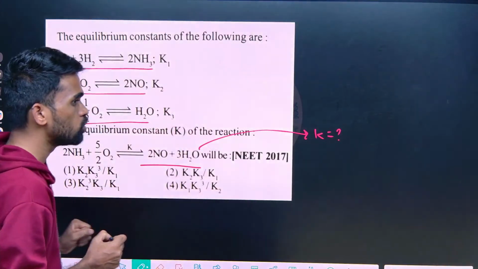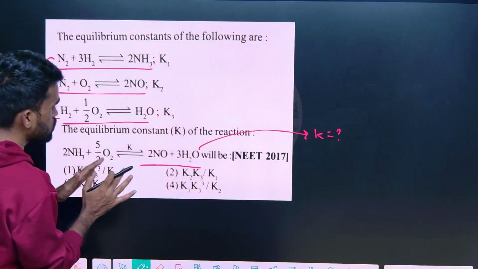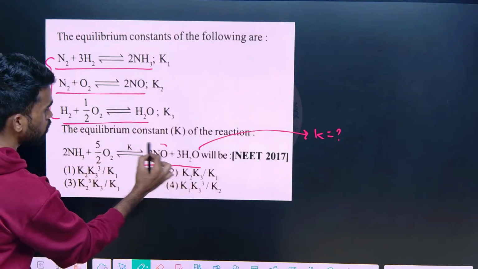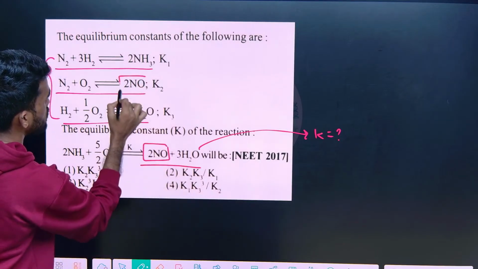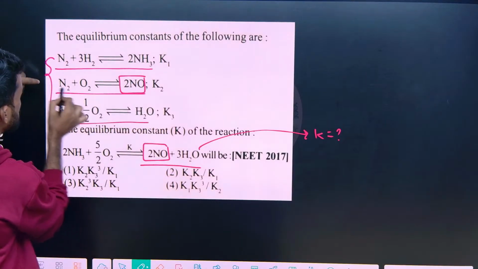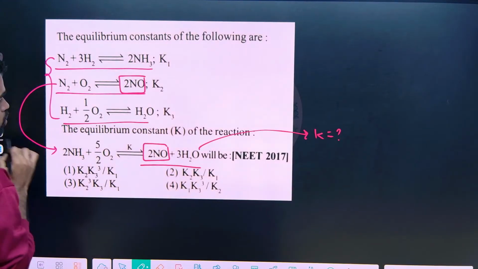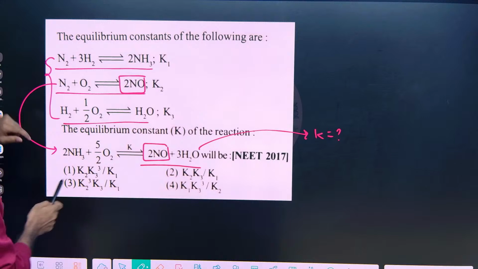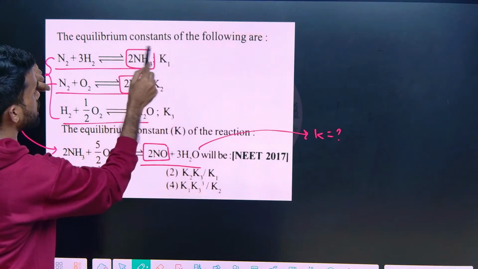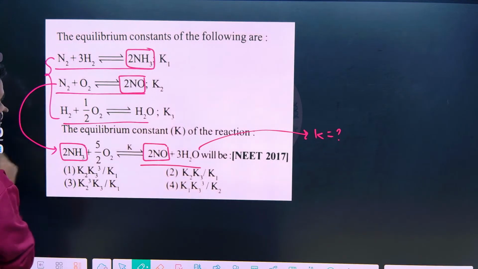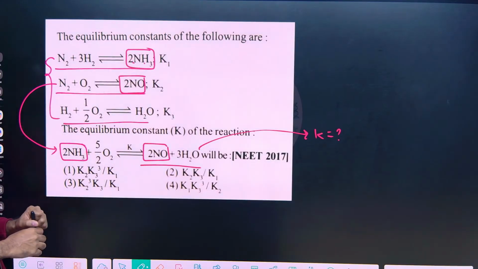So what to do here is, first of all look at this final equation. You have 2NO here, so 2NO is in this step. It means this reaction is taken as it is. And next, here ammonia is at product side, but in the final equation ammonia is at reactant side, 2 ammonia. It means the first reaction is reversed.